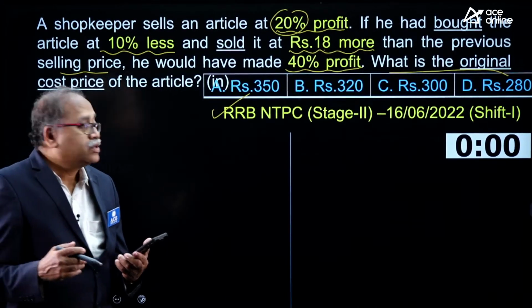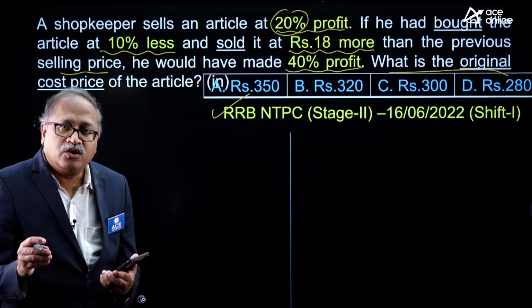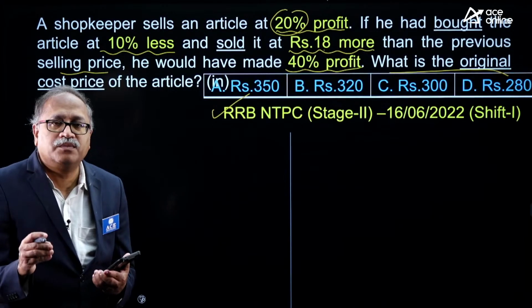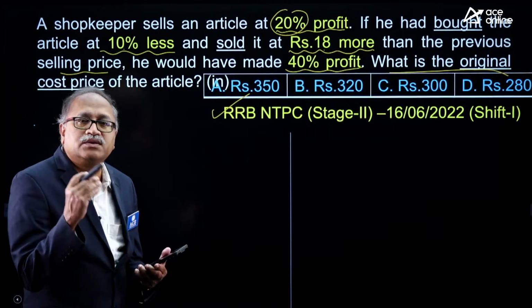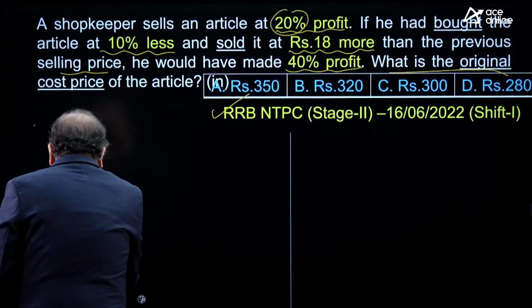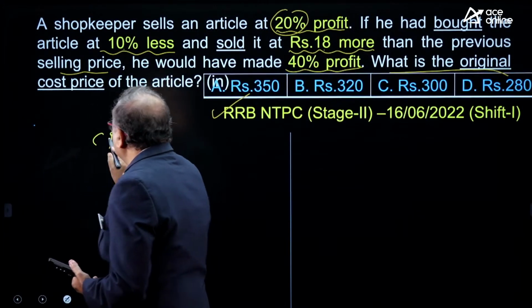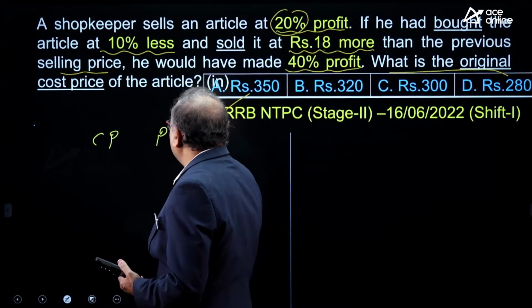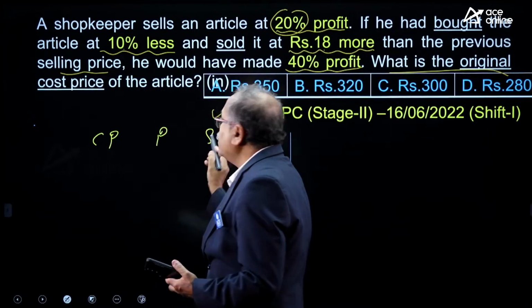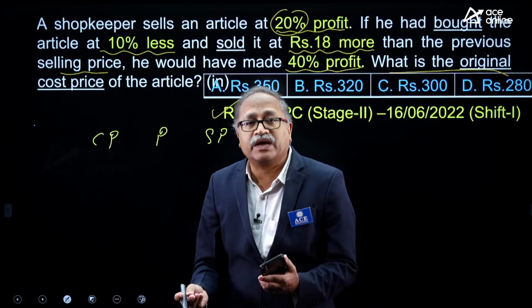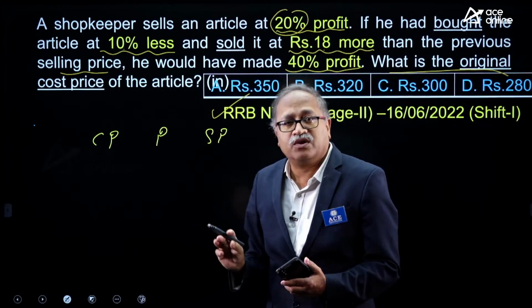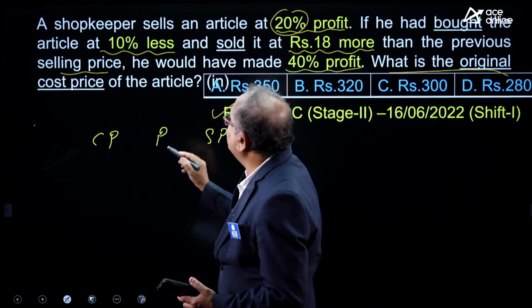Okay, so as 30 seconds is over, now I am answering the question. If you get the answer, let us know. I will go with the same pattern, that is CP, then profit, and then selling price. When you are writing in the examination or for practice, you don't write this terminology; only for the explanation I am writing it.